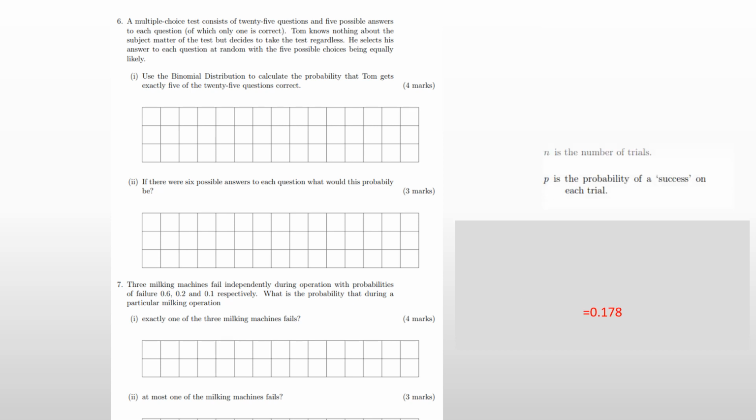Part 2 of the question is asking what if there were 6 possible answers. So there are 6 possible answers now instead of 5, so now it's A to F choices in each multiple choice question. If there were 6 possible answers to each question, what does the probability become?